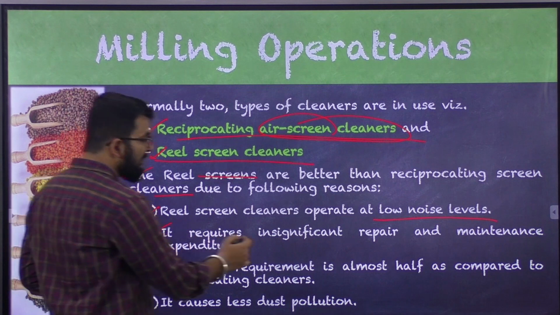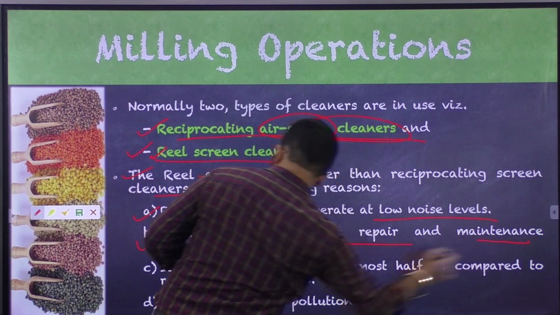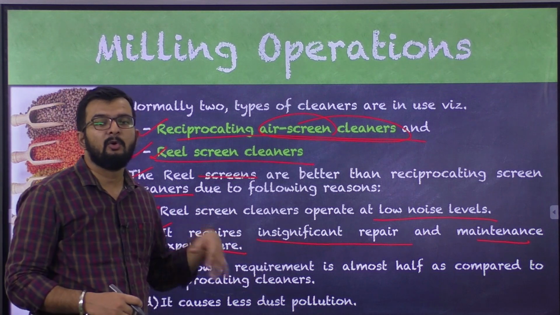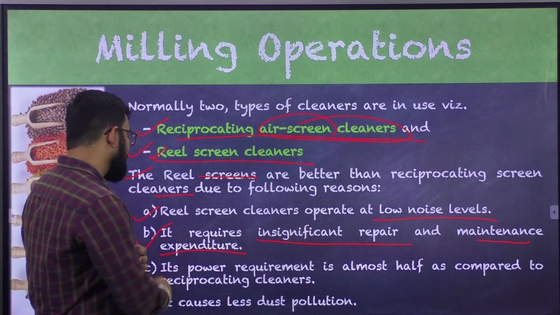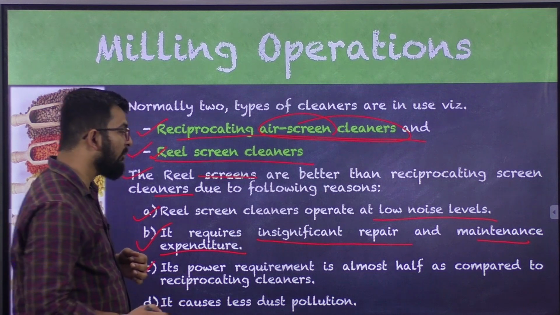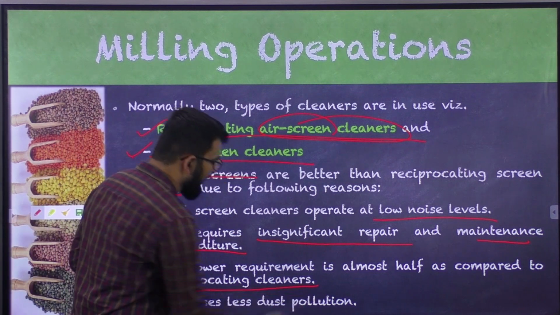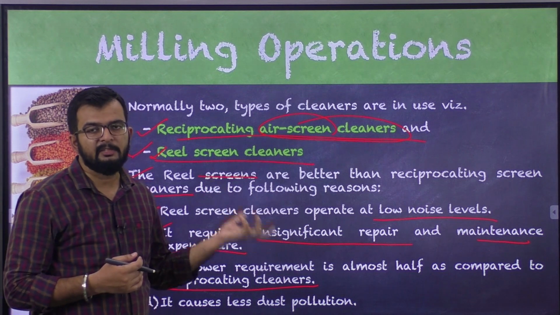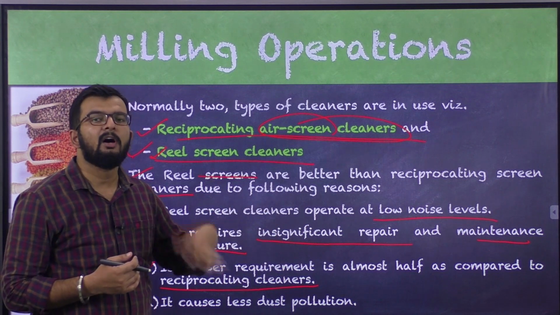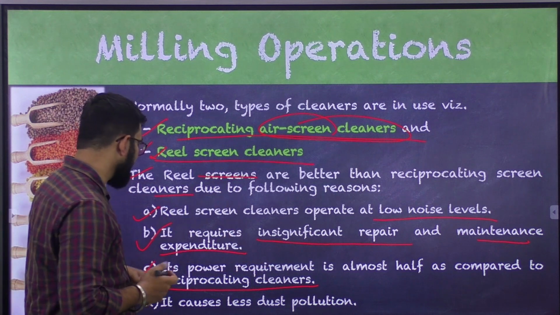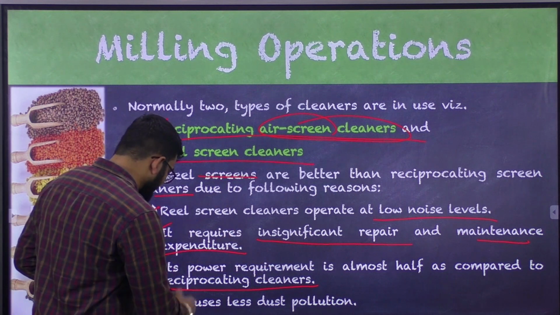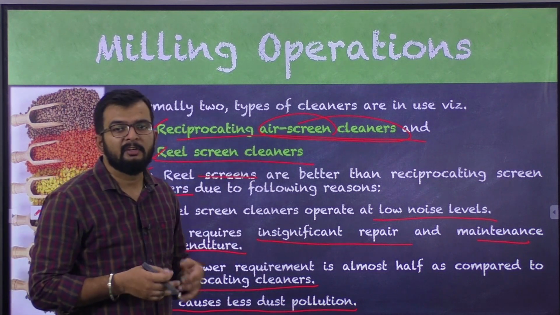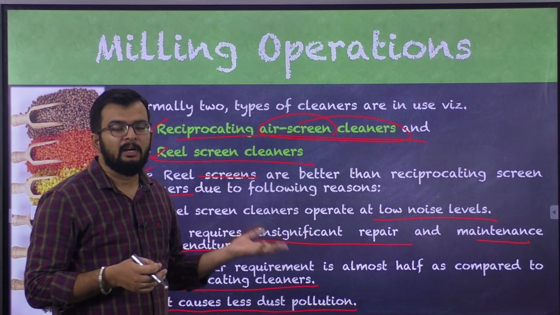They require insignificant repair and maintenance expenditure, so the maintenance and repair cost is very low. Their power requirement is almost half as compared to reciprocating cleaners. They cause less dust pollution, that is, the dust that escapes from the sieves during sieving.